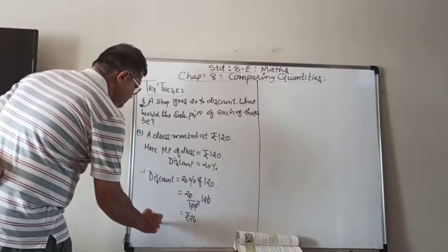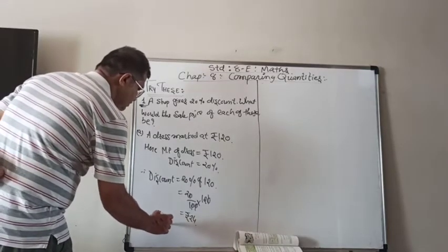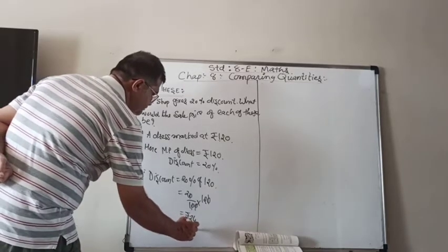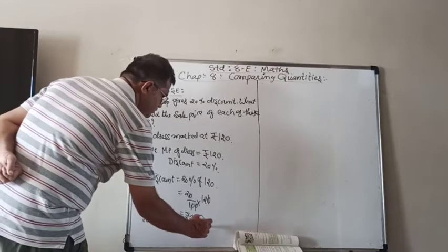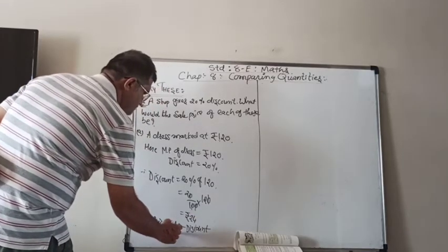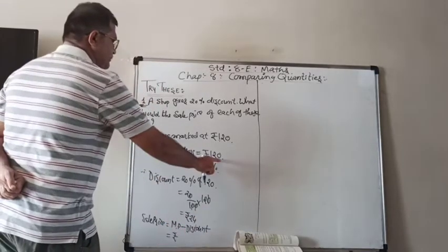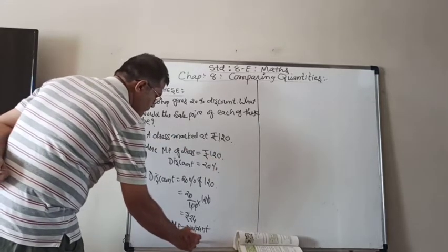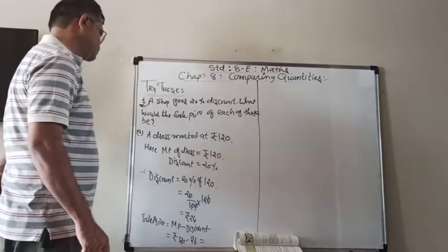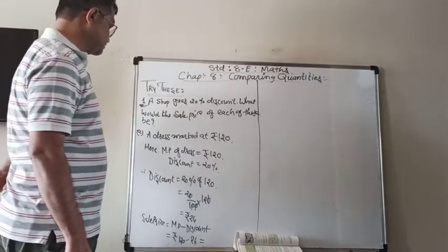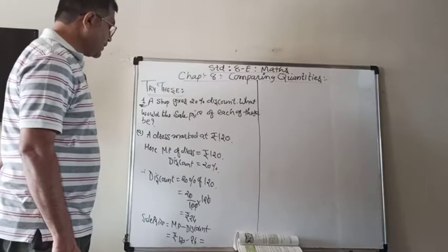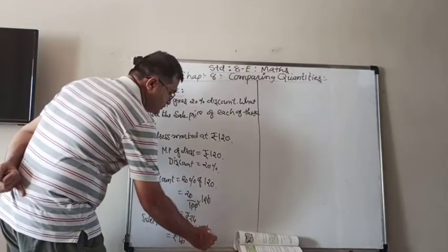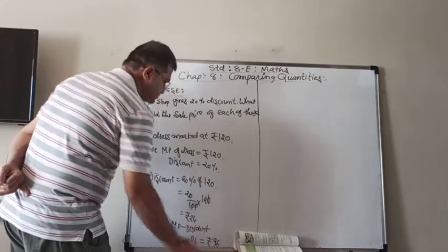So sale price is equal to marked price minus discount. What is the marked price? 120 minus 24. So now we have to subtract 24 from 120. So the sale price will be rupees 96.